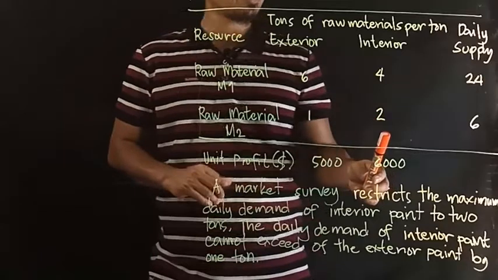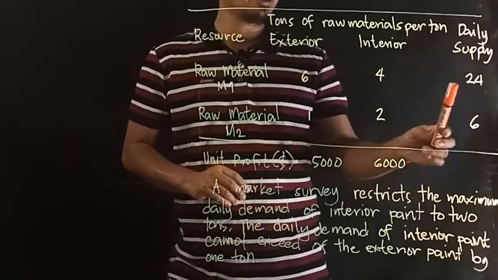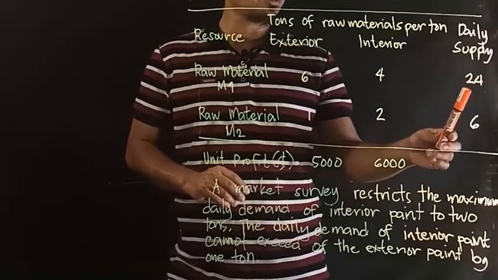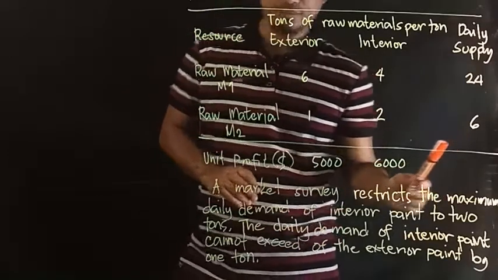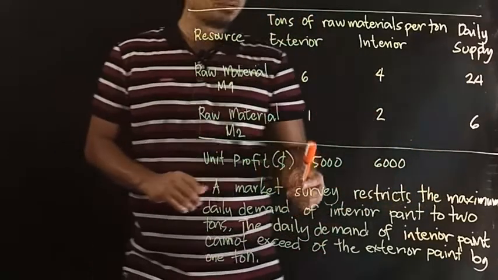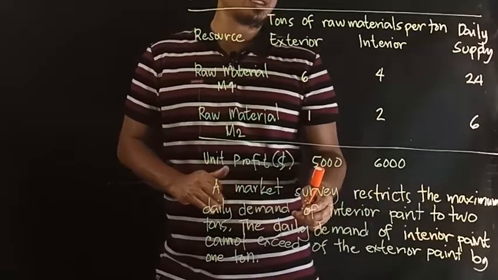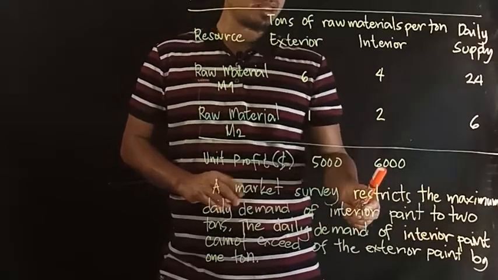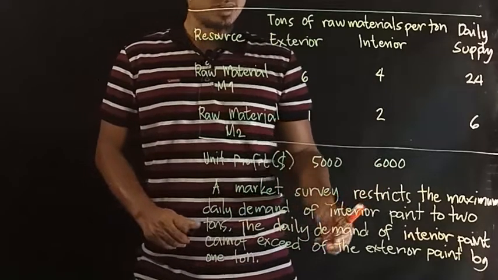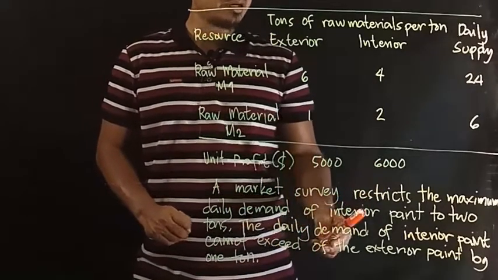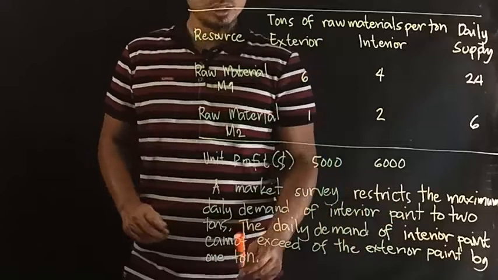The maximum available supply for raw material 1 is 24 tons and for raw material 2, 6 tons. The profit per unit of the exterior paint is $5,000 and for the interior paint is $6,000. A market survey restricts the maximum daily demand for the interior paint to 2 tons.